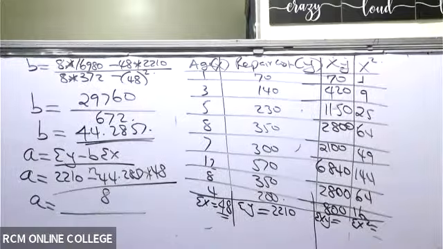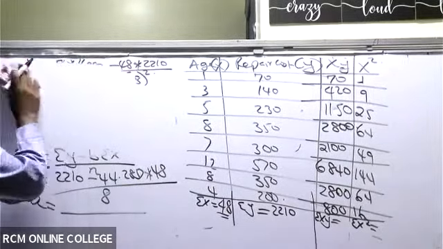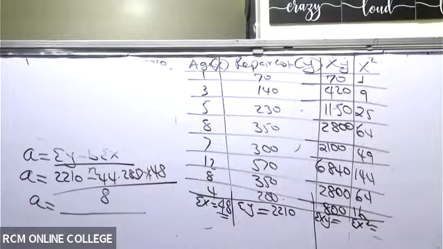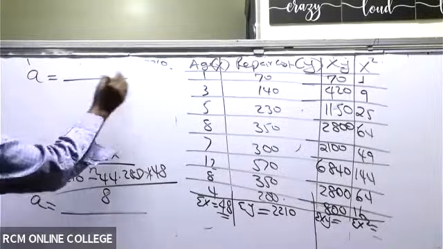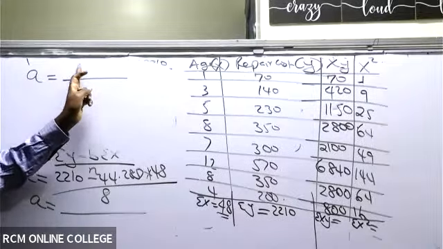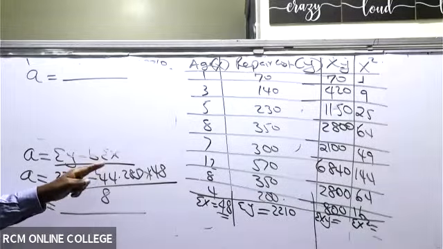Is there somebody who is able to give me the numerator for getting the value of A? To get the numerator, we are taking 2210 minus 44.2857 times 48.